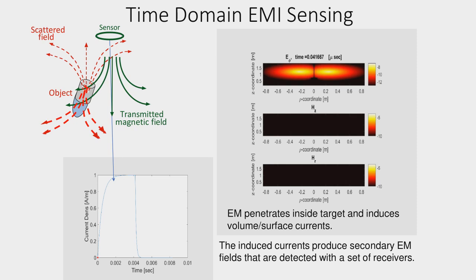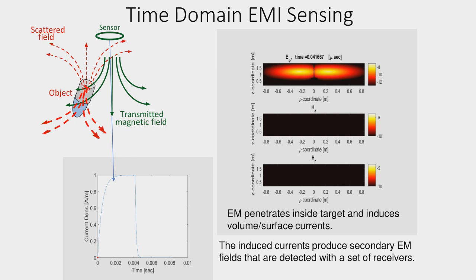So if you look at this in time domain sensing, in the transmitter we have current that we turn on, and it achieves or gets to a constant value after a certain time. We hold this constant current, which means a magnetic field around the target. This magnetic field penetrates inside the object, and then we turn off.